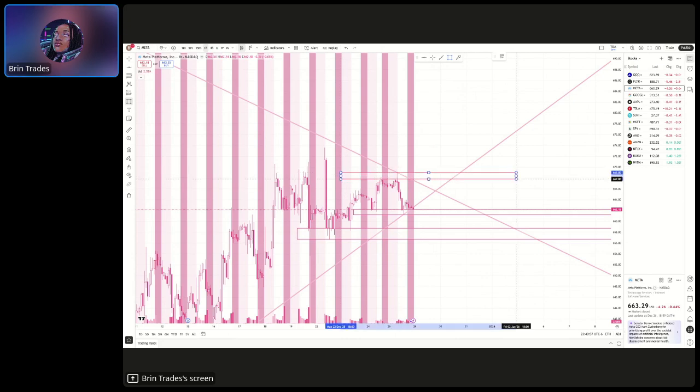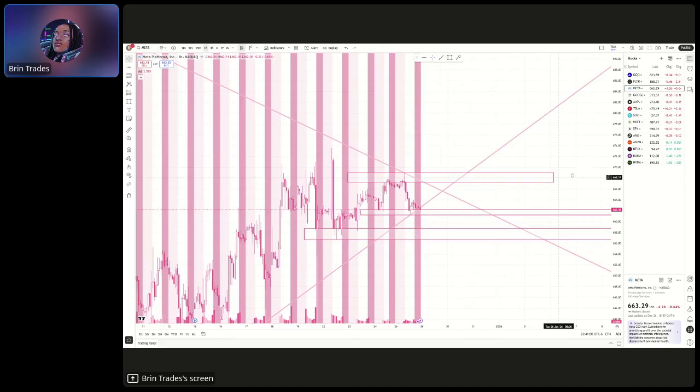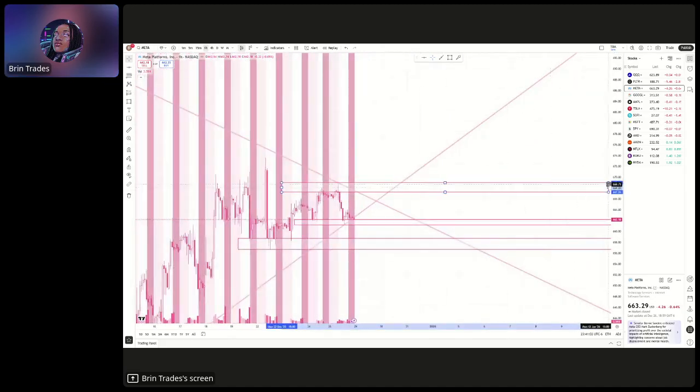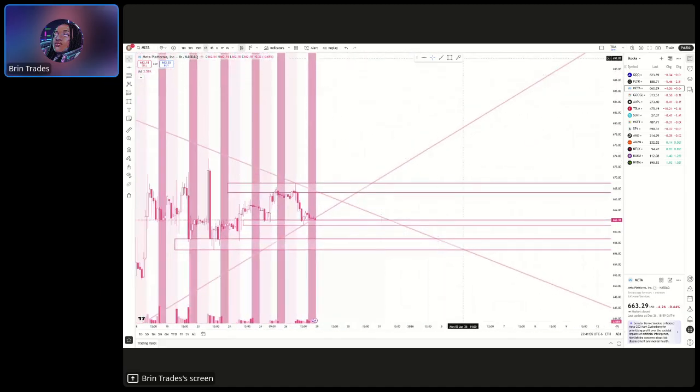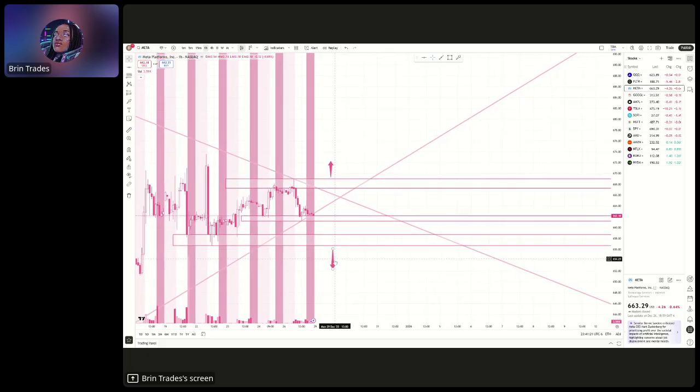But I'll call this area right here an area of resistance on the hourly. So we'll have calls above this zone, puts below this zone. Actually, yeah, puts below this zone.